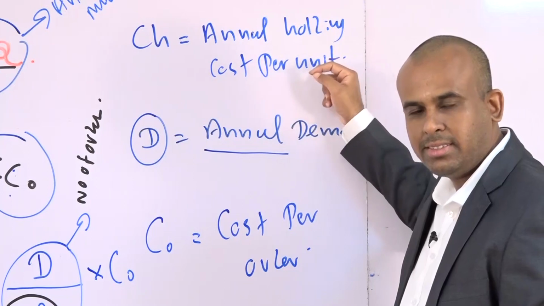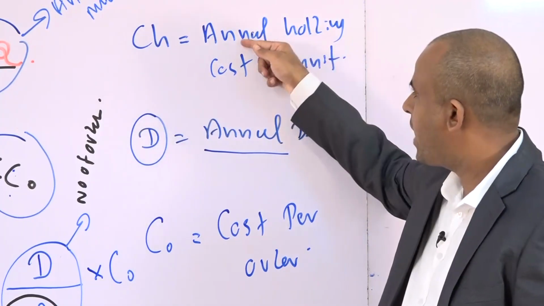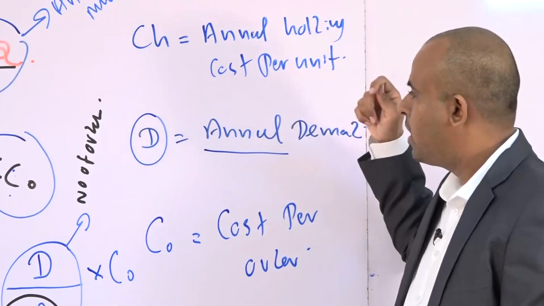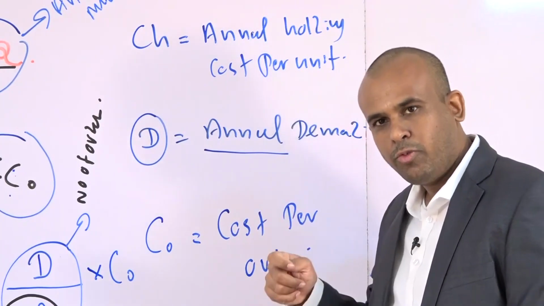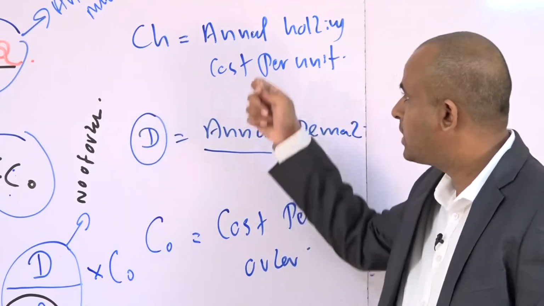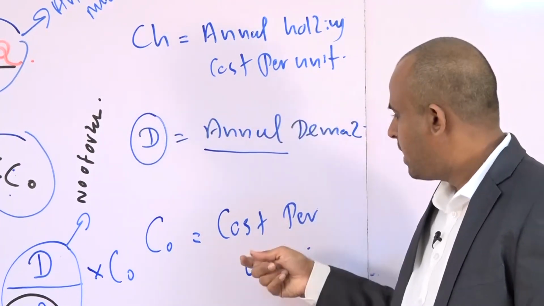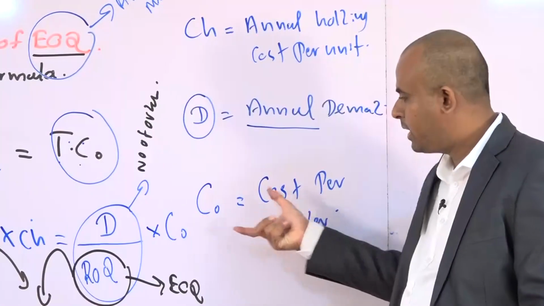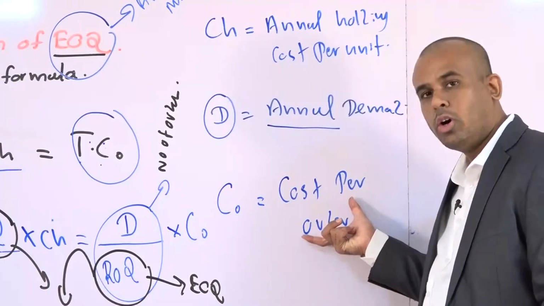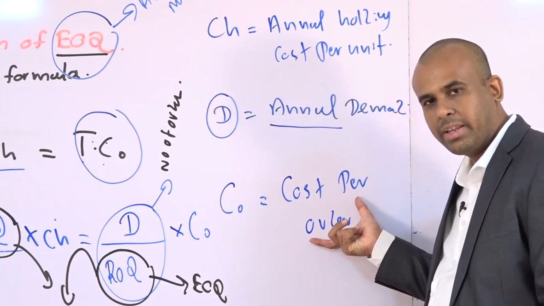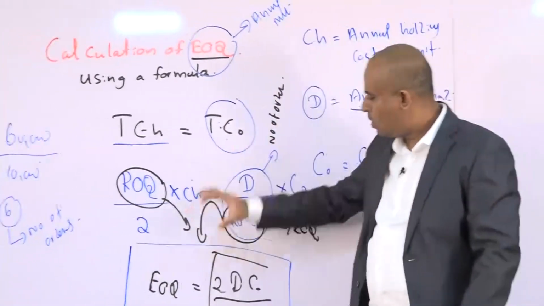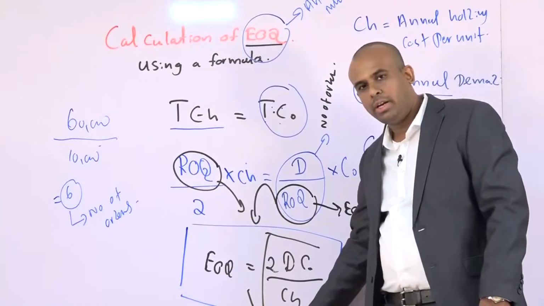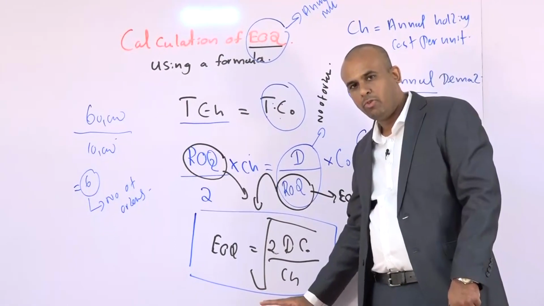Please do not just say holding cost. You have to say annual holding cost per unit, which means for you to keep 1 unit in your store for a period of 1 year, how much cost you need to incur. The other determinant of the economic order quantity is cost per order, right? So this is how you calculate the economic order quantity by using this formula.